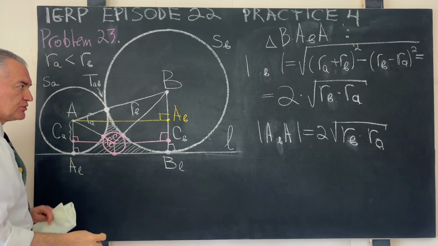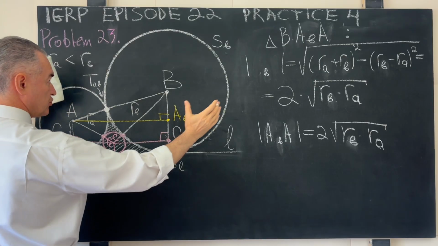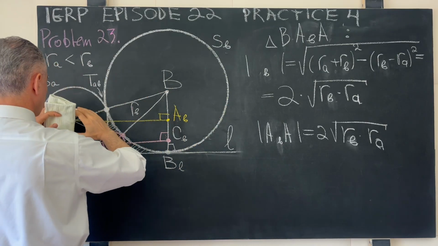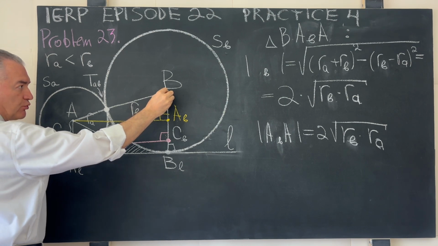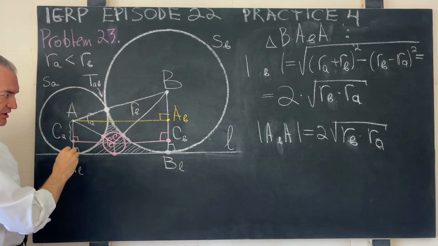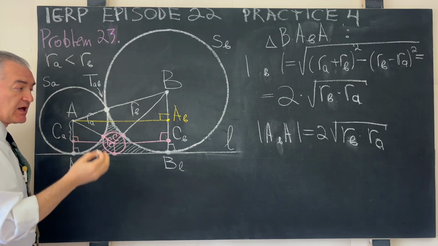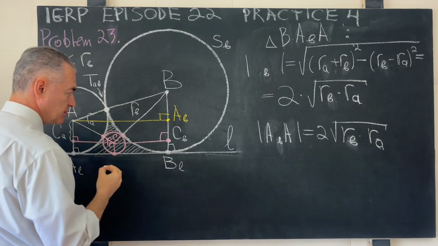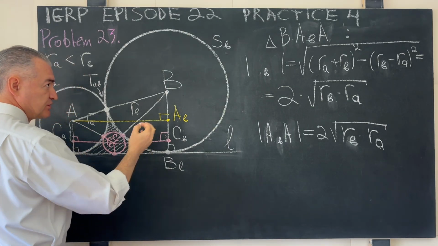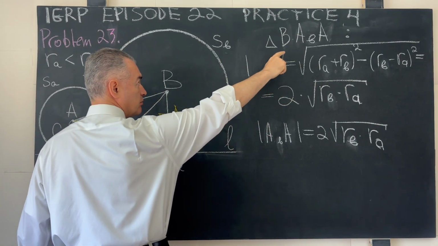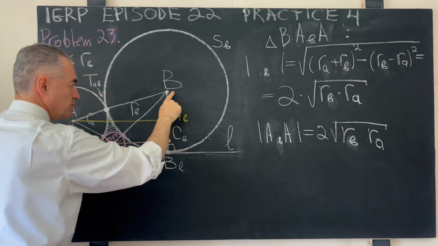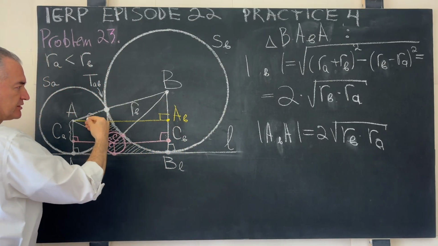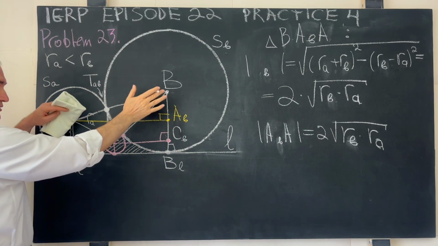And if you were to rename the circles the other way, if the circle SB was smaller and the circle SA larger, you would do the same thing, but you would project the point B onto the line segment AL. Again, that situation will be isomorphic to this one. It doesn't really matter. Structurally, nothing changes. We still have the same Pythagorean theorem applied to the right triangle BABA, this smaller triangle that sits on the very top.